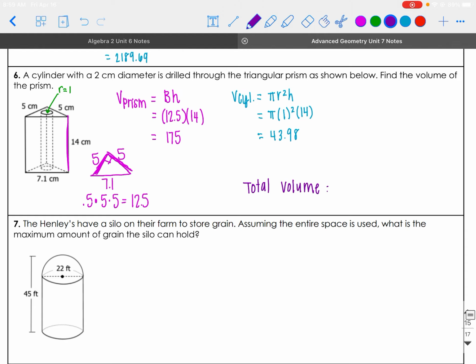Now my total volume, we have the prism, and we are subtracting the cylinder because it's being cut out. So 131.02 centimeters cubed.